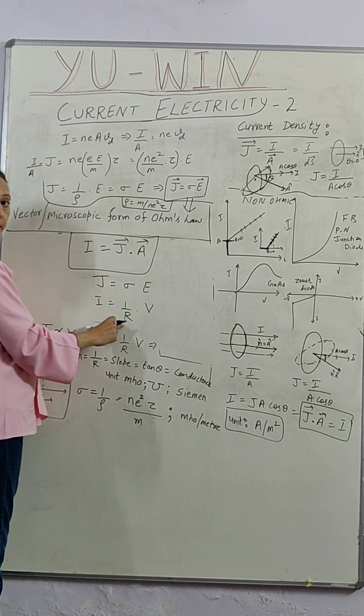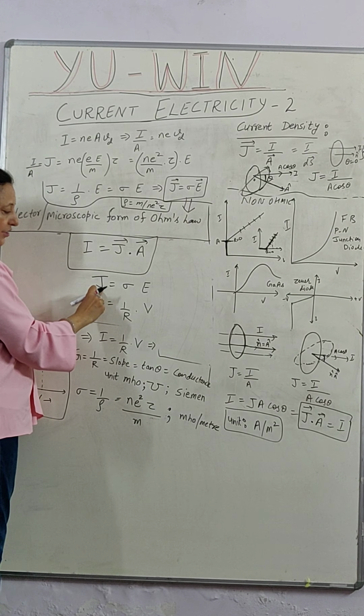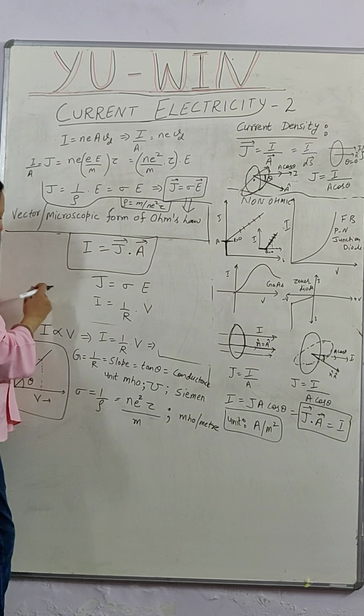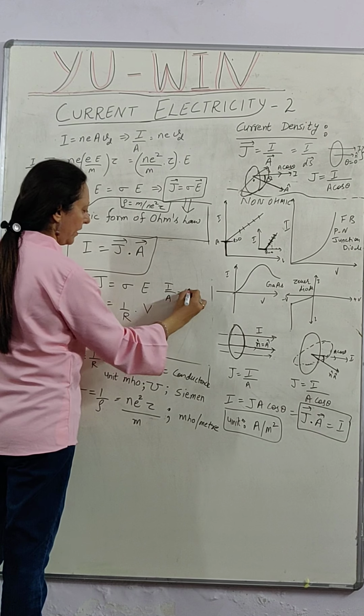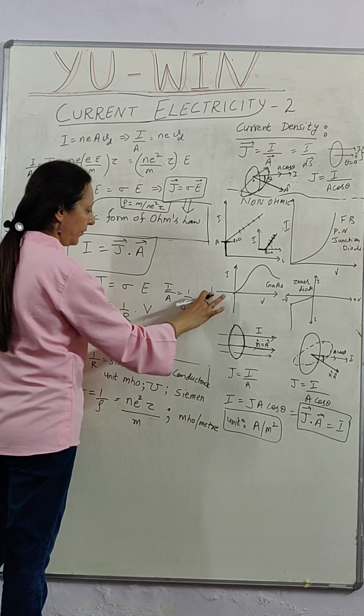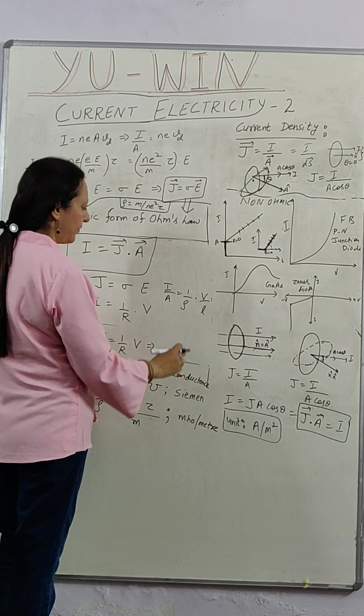And what is resistivity? Resistivity is the resistance of a unit area of cross section having unit length. J is current per unit area. If you open it up, you will come to the same conclusion. J is I by A, sigma is 1 by rho, E is V by L, and what is rho?